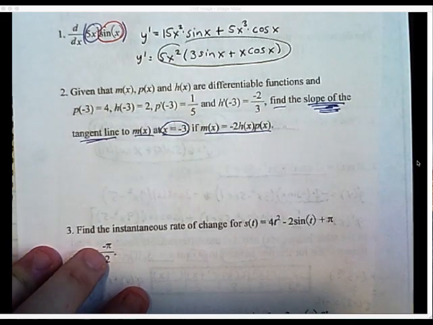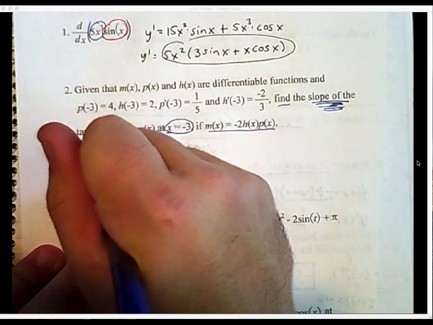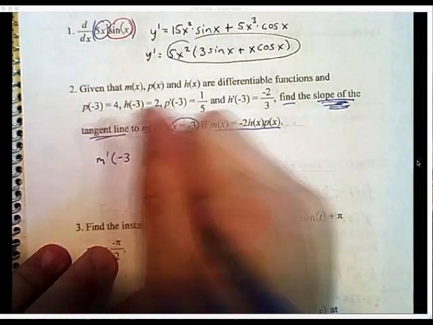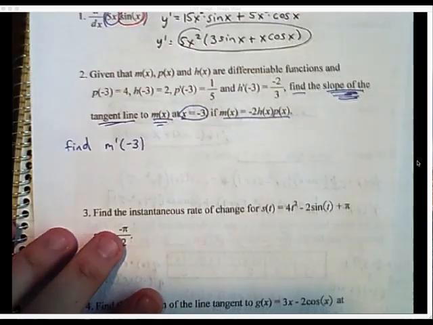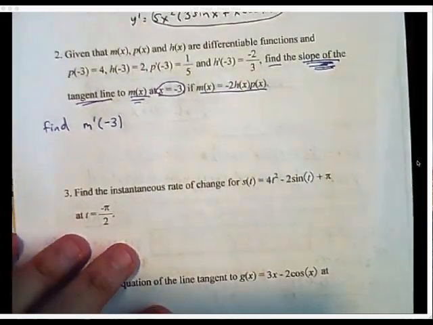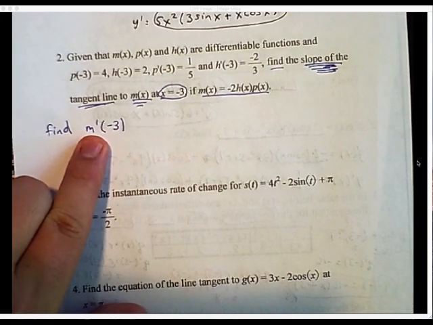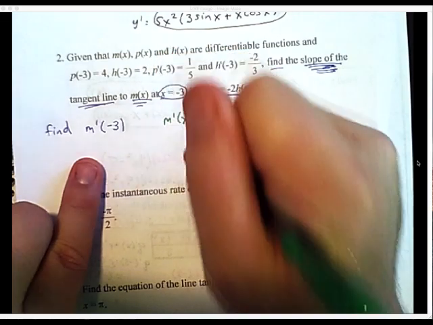Derivative. Which function do we care about? M. So what I'm really looking for is m prime at an x value of -3. This is what I'm trying to find. That's the only thing the question asked me to find. So before I can find m prime of -3, I first have to find m prime of x.